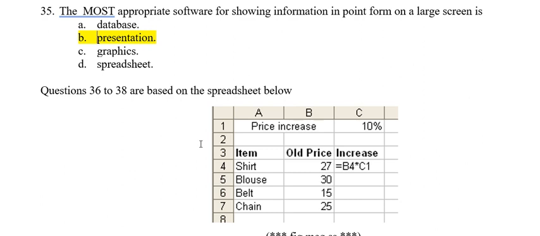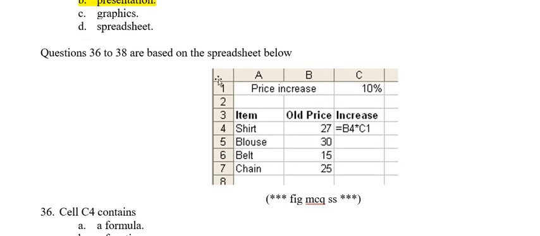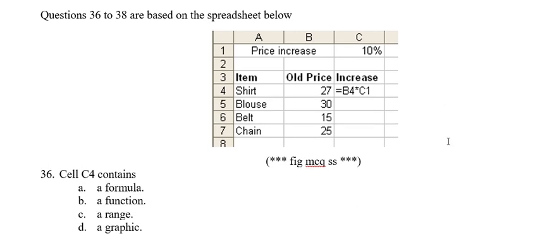36. Okay, let's look at this here. Questions 36 to 38 are based on the spreadsheet below. So let's look at the spreadsheet first and analyze it. Here we have the 10%. Here are the items, the oil price. You put a formula here. Let's make some observations.